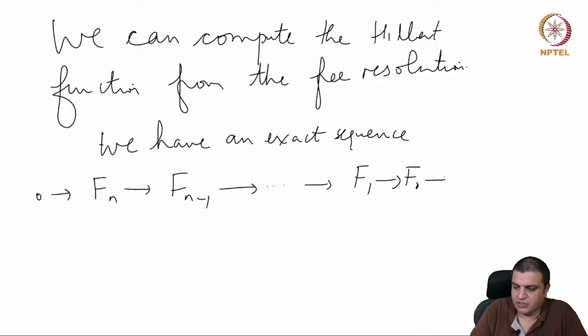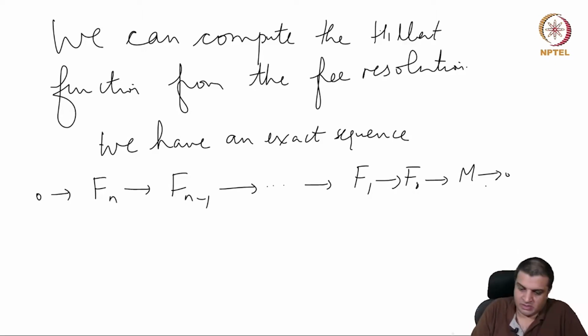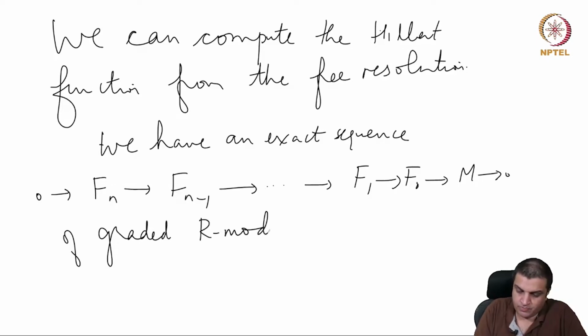F1 to F0 to M to 0. So we have a free resolution, and then we augment it with this module M, so an exact sequence of graded R-modules, and degree preserving maps.